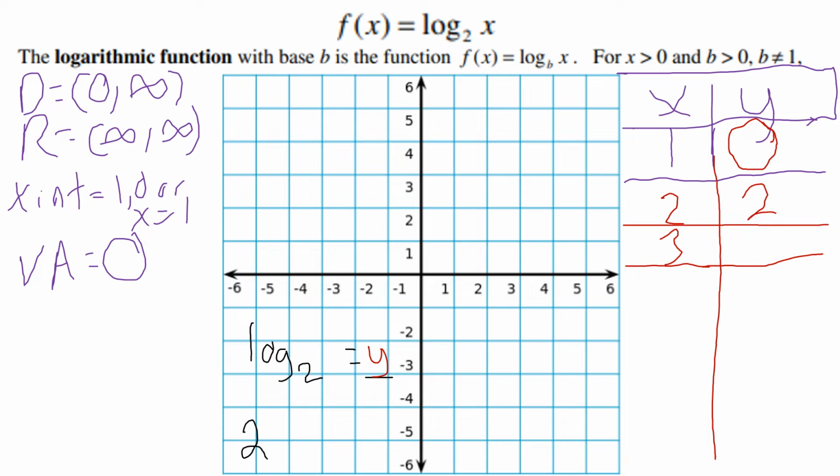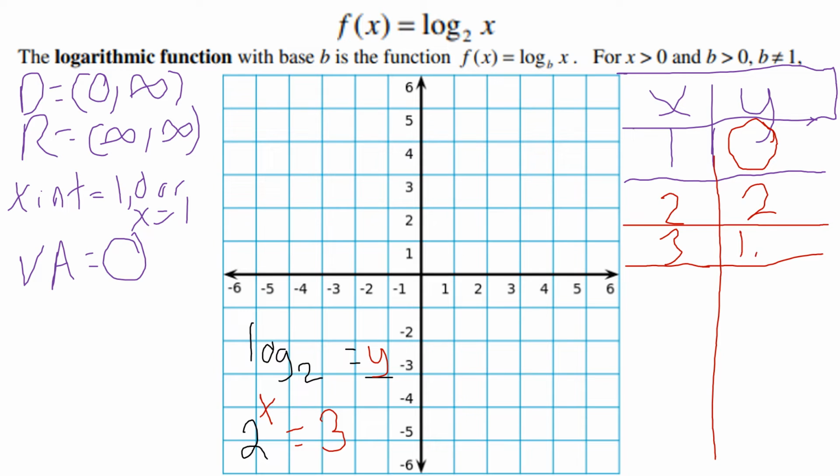So 2 to what power gives me 3? In my head, you're going to get the decimal point of 1.5.